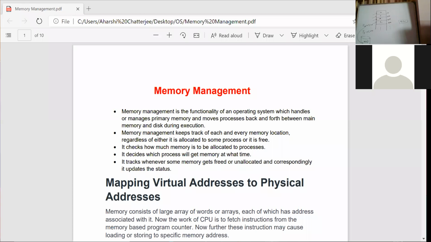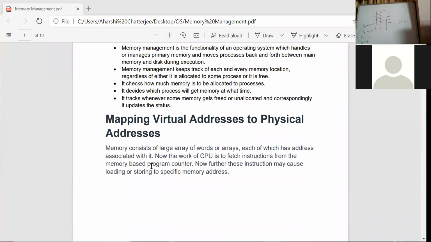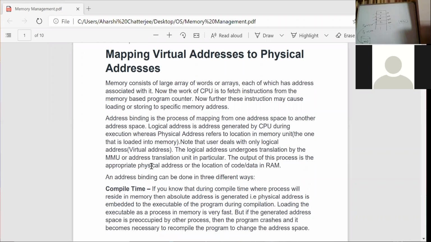Now, how does it happen? How is the operating system managing this memory and all that? So, in our memory management chapter, we will try to understand this procedure, that how these things are controlled by operating system.